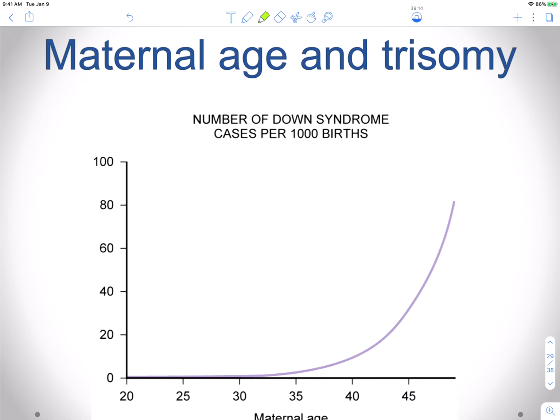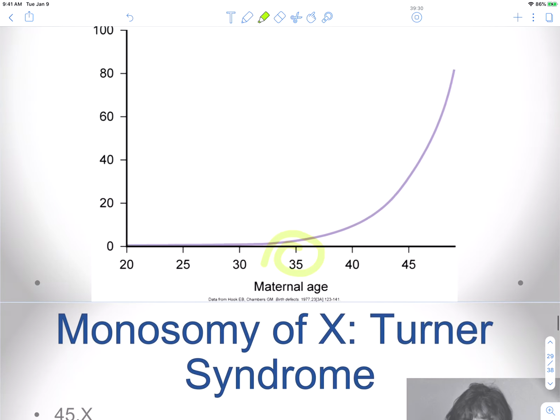Now, as everybody knows or has been told, trisomies increase with maternal age, and that's true. Typically under the age of 30, there are very few trisomies, and as the mother ages, the incidence of trisomies increases.